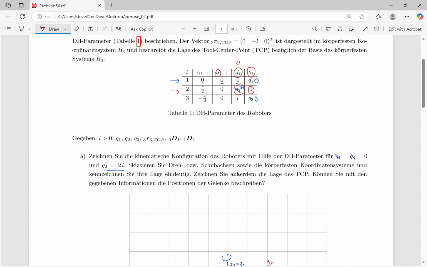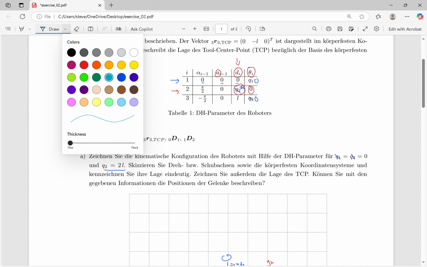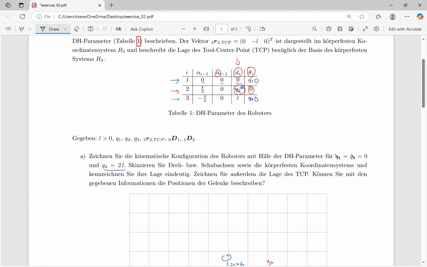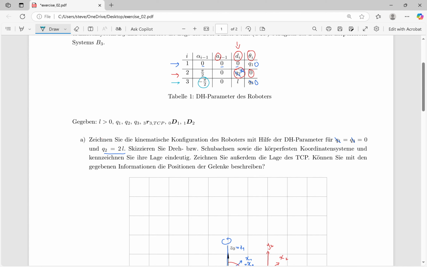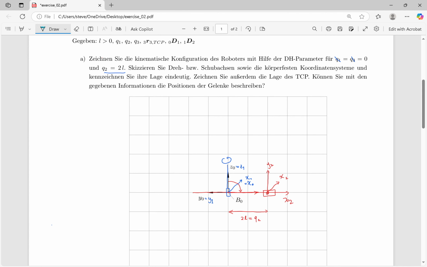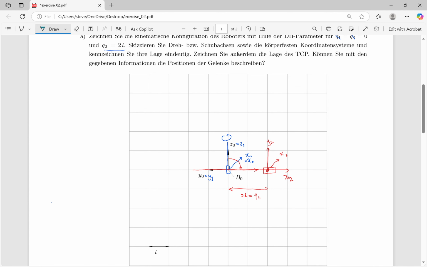So the third one, we know that the z-axis is rotated an angle of negative pi over 2 relative to the z-axis of frame 2. So negative pi over 2, and we have to remember that it's the right hand rule of rotation around x2.